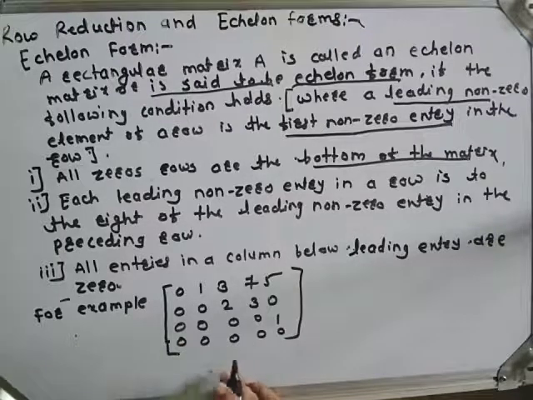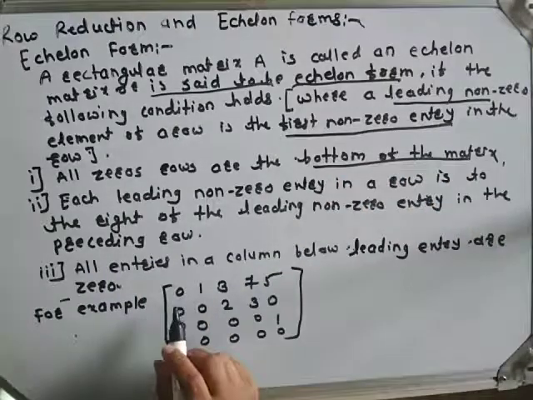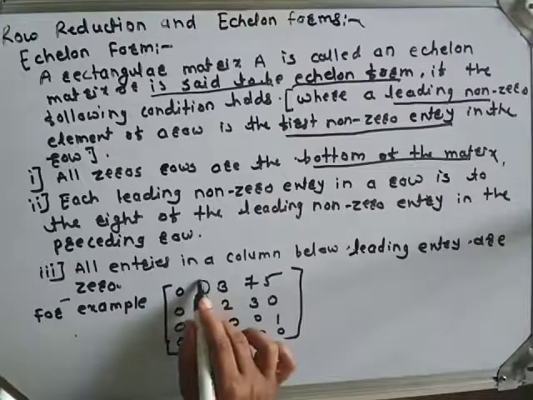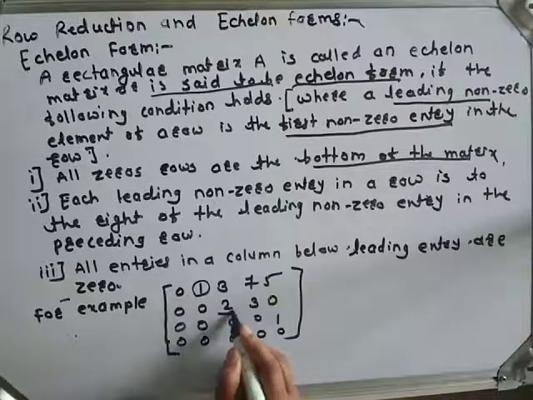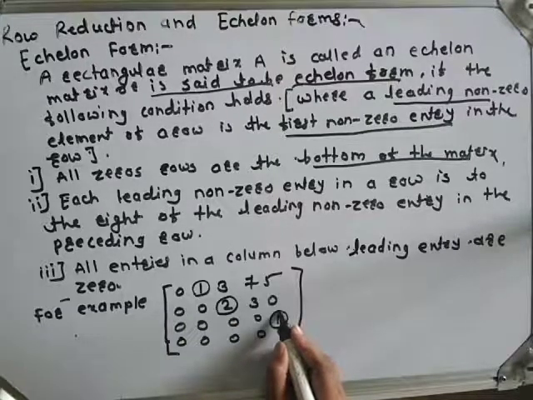In this matrix, the zero row is at the bottom of the matrix. In the first row, the leading entry is 1. In the second row, the leading entry is 2. And in the third row, the leading entry is 1.